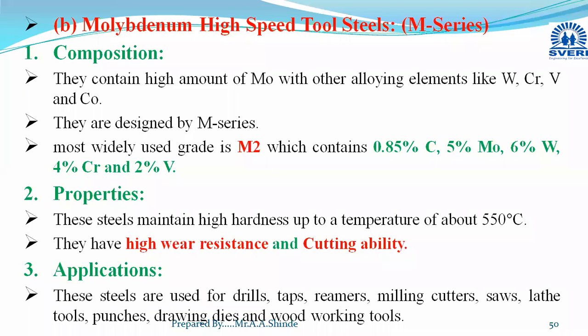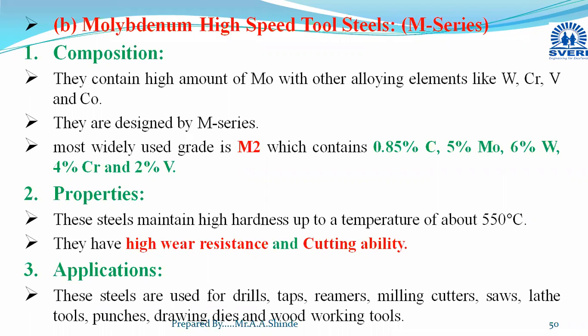Their strength is also less, and they show more oxidation, decarburization, and grain coarsening during the heat treatment process as compared to tungsten type high speed tool steels. Okay, so these are the two types of high speed tool steels.